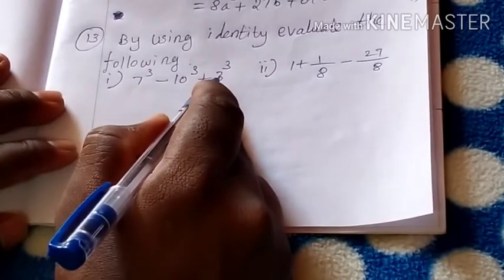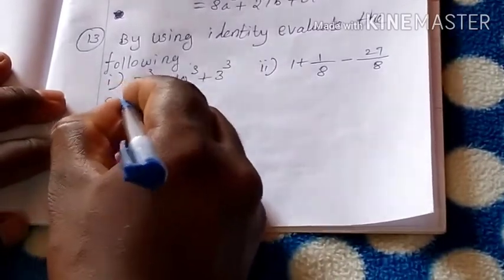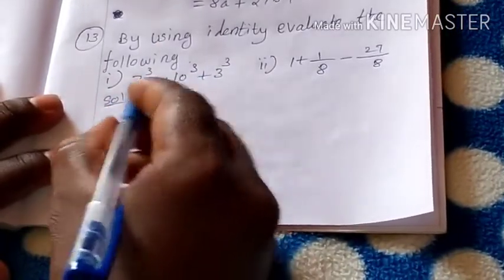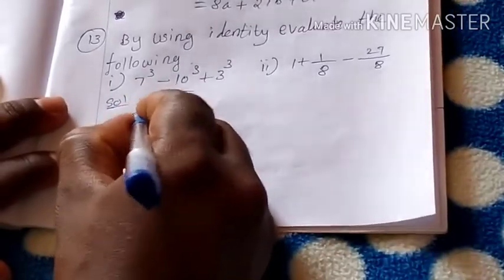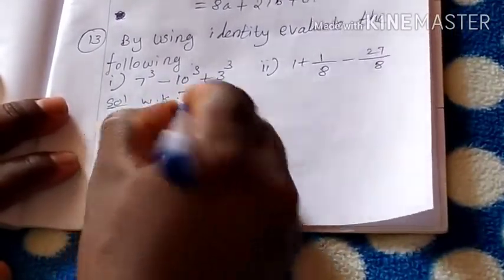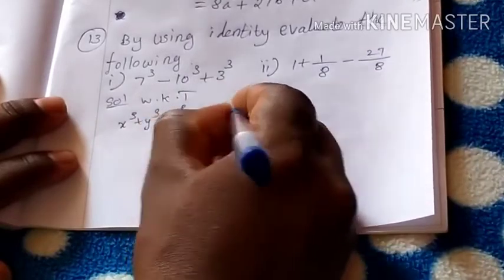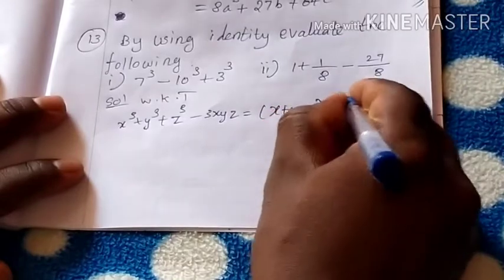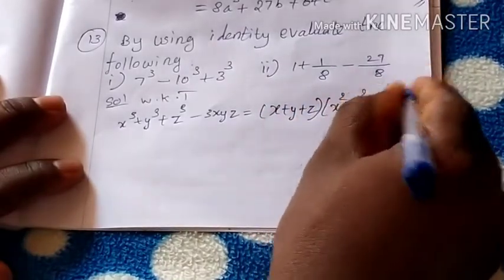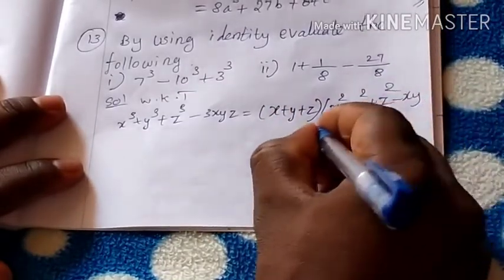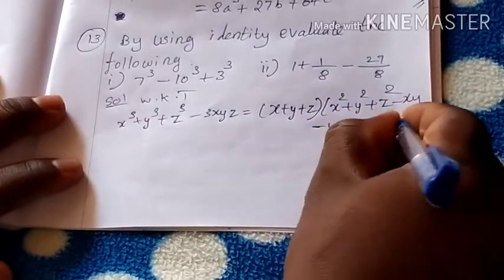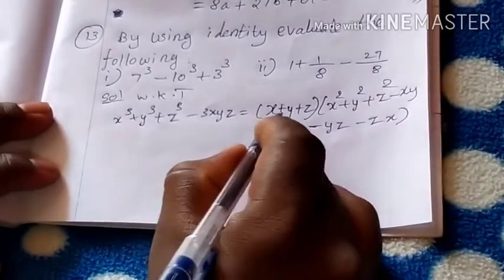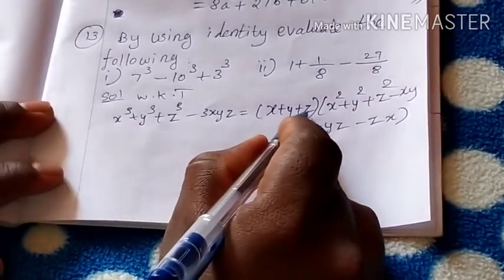The solution: we know the formula x cube plus y cube plus z cube minus 3xyz equal to (x plus y plus z) into (x square plus y square plus z square minus xy minus yz minus zx). Use this formula. First check the x plus y plus z value.